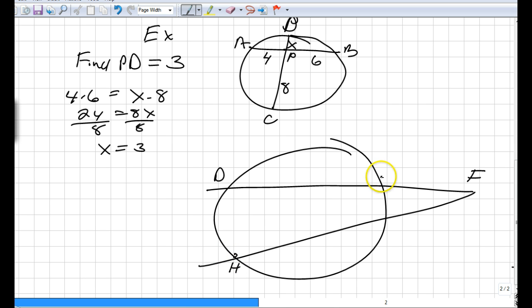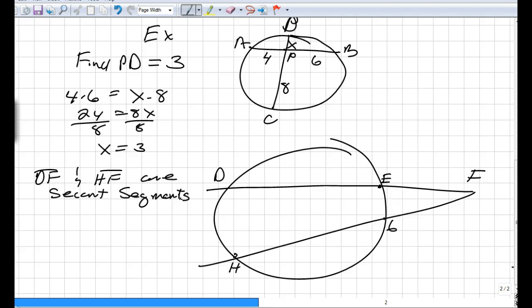And then we have, this is point E, and this is point G. So segment DF and segment HF are secant segments. Because remember, a secant is a line, so the secant would be line FD.